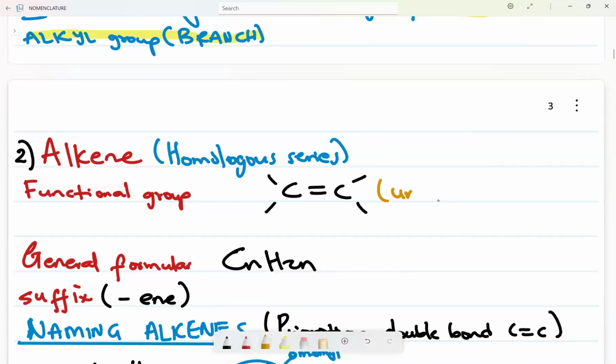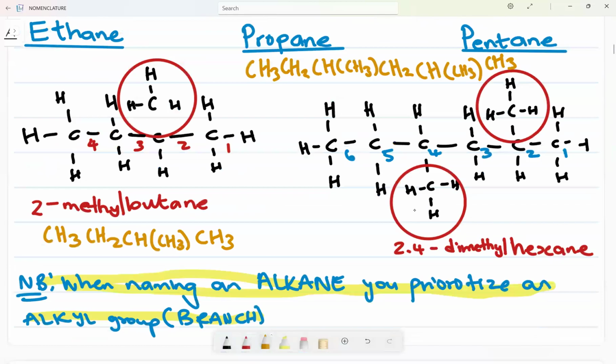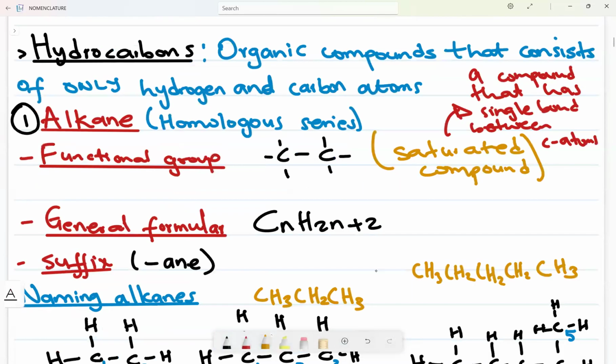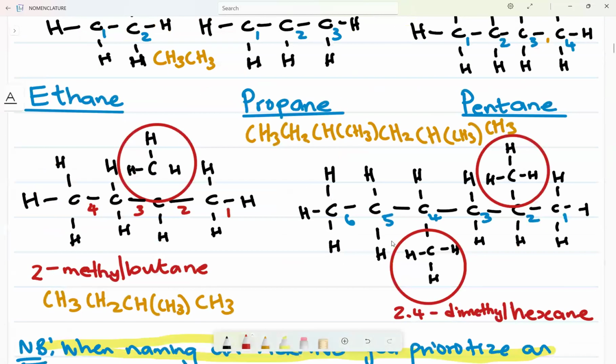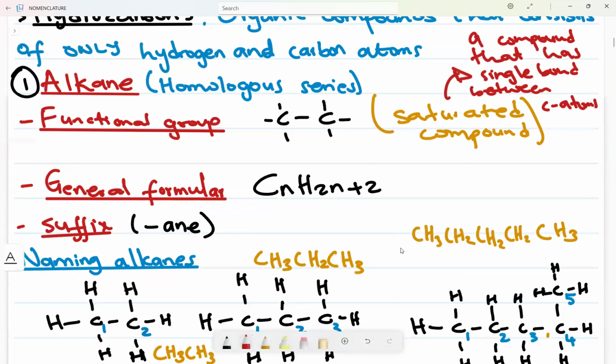Now, when we say it is unsaturated, this one is unsaturated. Remember, saturated for single. Okay, I want you to take it like this: saturated for single, unsaturated for unsingle. So we're going to say the definition for this one. On that one, you said it is a compound that has single bonds.